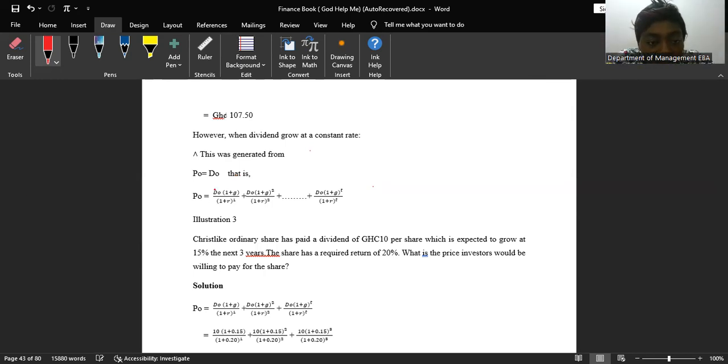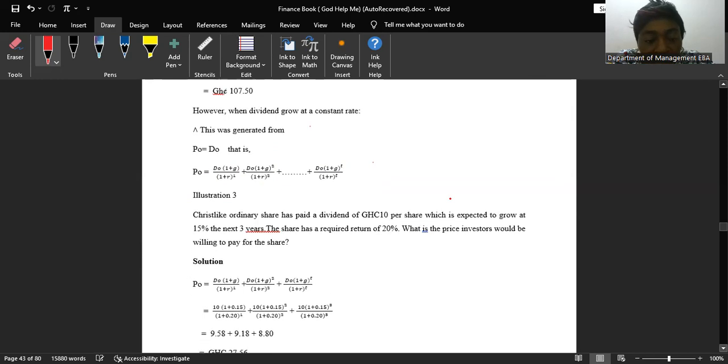Okay. So this is the formula, right? They are growing the dividends. The dividend being grown by 1 plus whatever rate is given, right? So if it's 2 years, the second year they are going to grow, then the time is going to affect it. That one is going to what? Discount them because they are still looking for the value for the firm.